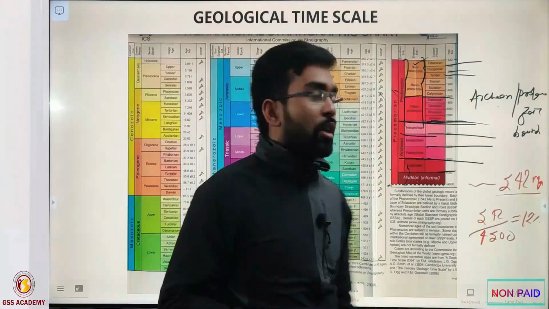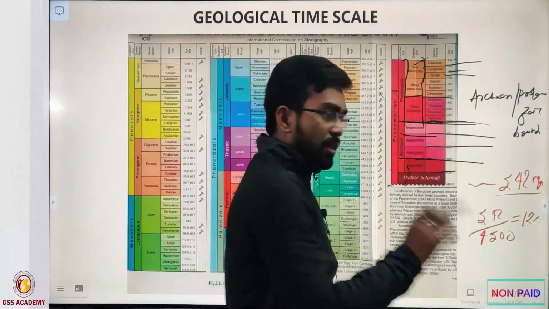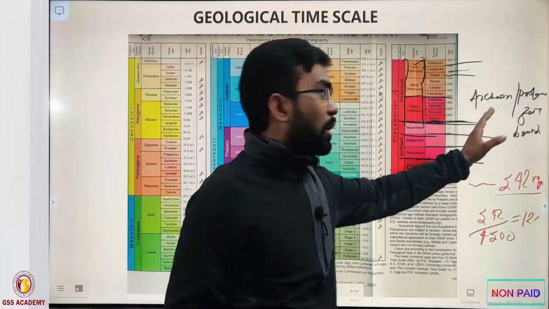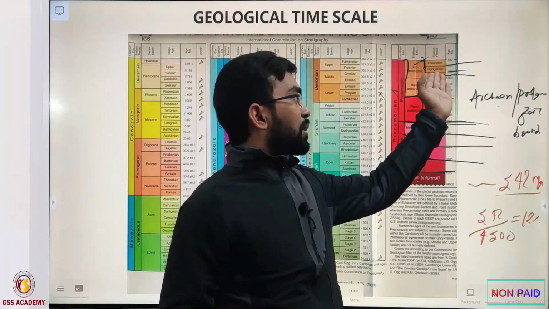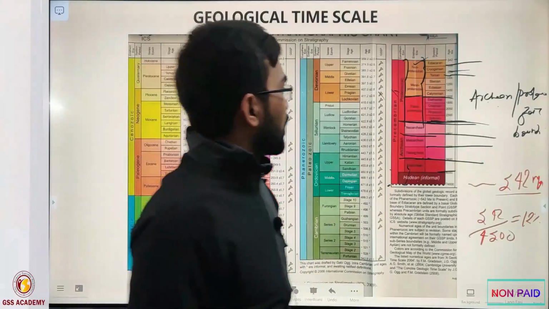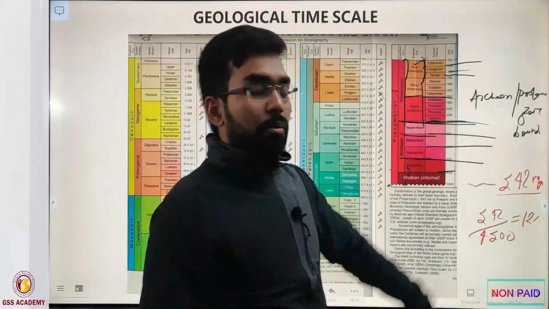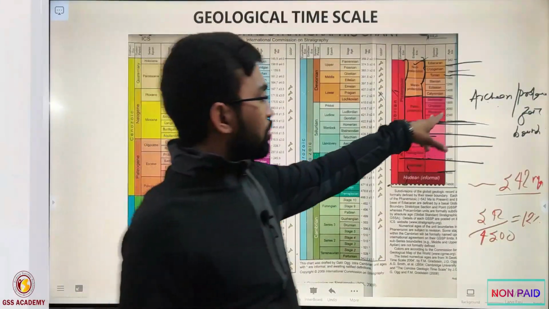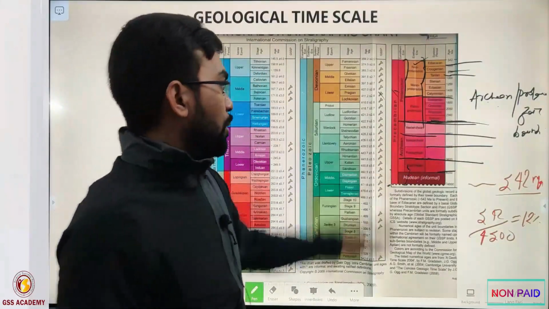They are very well exposed, but the smaller units are not very frequently occurring, that is why they are not very popular. But some events are very important, like Tonian, Cryogenian, Ediacaran, Siderian. A few in the Proterozoic are very important, so you should study these phenomena.